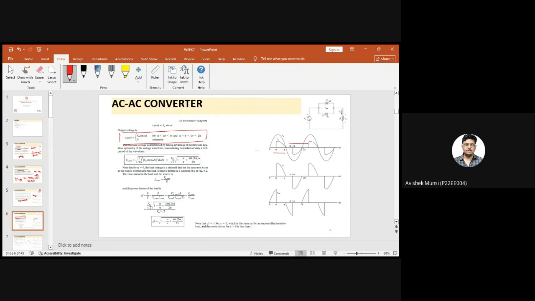So if we integrate, the RMS value will be Vm by root 2, times the square root of 1 minus alpha by pi plus sine 2 alpha by 2 pi. So kindly remember this formula and note it down. V0 RMS divided by R will be the I0, and the power factor will be the square root of 1 minus alpha by pi plus sine 2 alpha by 2 pi. This is my cos phi.